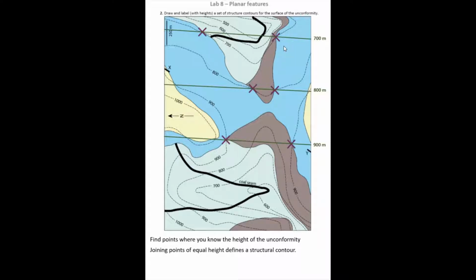If we wanted to, we could extrapolate these to include the 1000 line, but in our map we barely reach 1000 meters elevation. It's just this tiny bit, so I'm not going to bother, otherwise it will make the map look far too cluttered. Okay, so that question is done. We've got our structural contour lines for our unconformity.